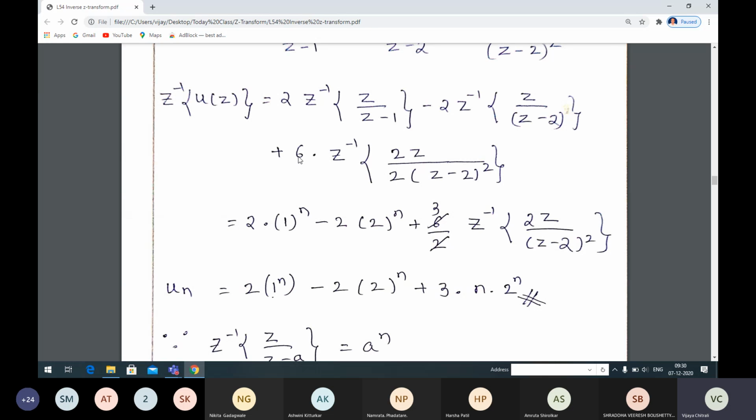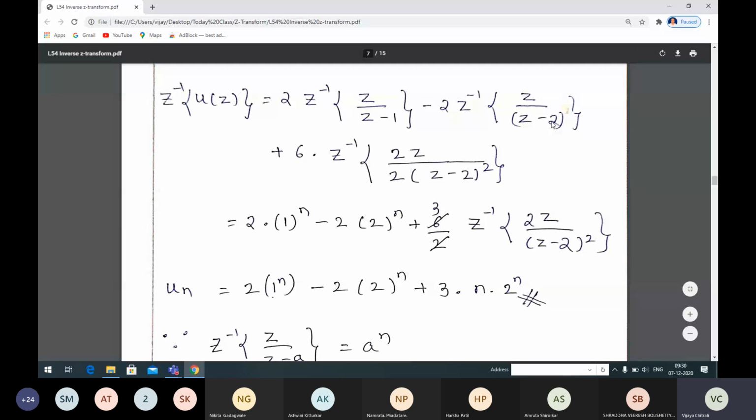So you'll get this as 6 by 2. So 2 into inverse z of z divided by z minus 1 is 1 raised to n, minus 2 into inverse z of z divided by z minus 2 is 2 raised to n, plus 6 by 2.